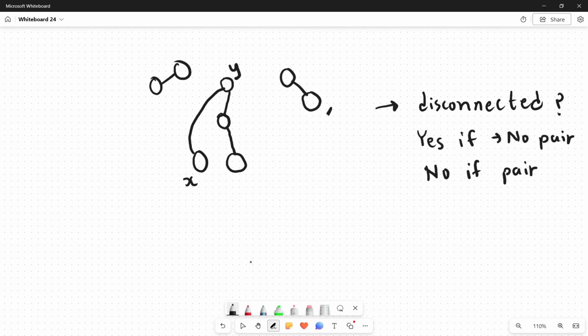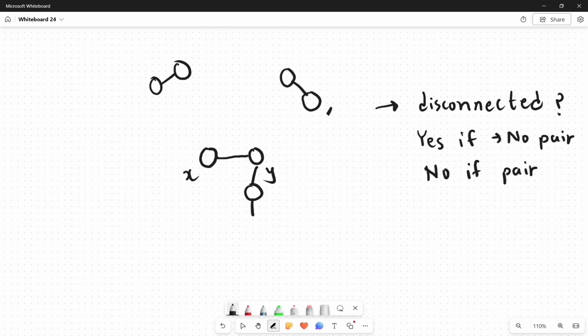Okay, so let me redraw this. It will be something like this: this is x, this is y, and there are two nodes hanging from y. So this is the base.